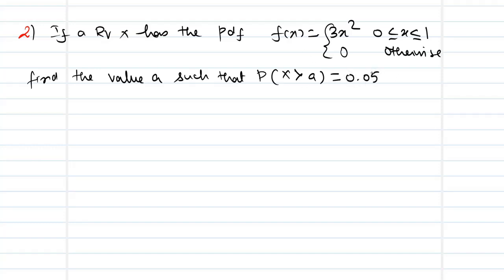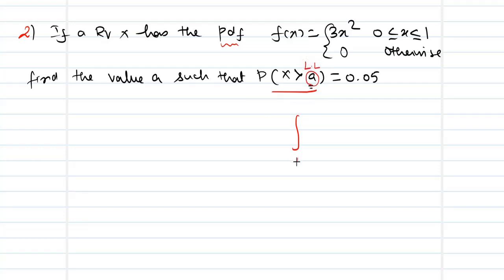Over here they have given us the final probability. They are asking us at which point we will be able to achieve this probability. So again we will be taking the help of the definition. What is going to be the definition for x greater than a? X greater than a for a continuous random variable is nothing but greater than a. So a becomes your lower limit.